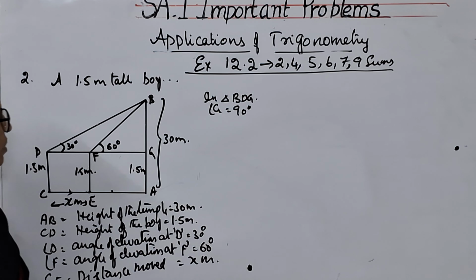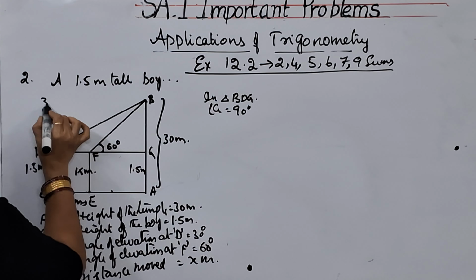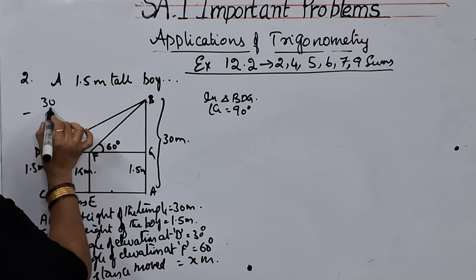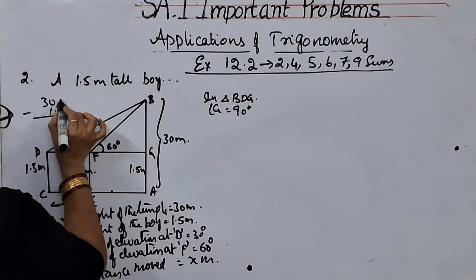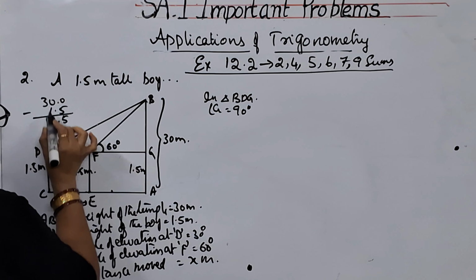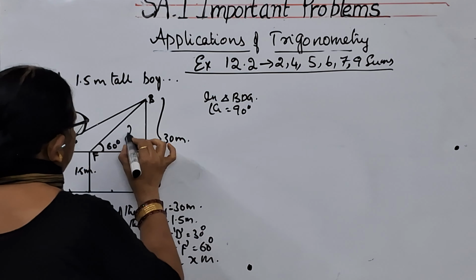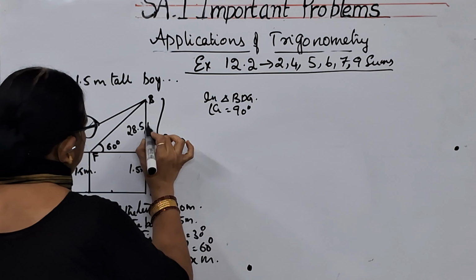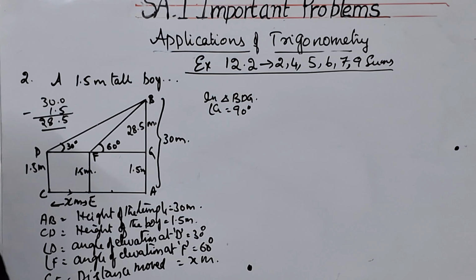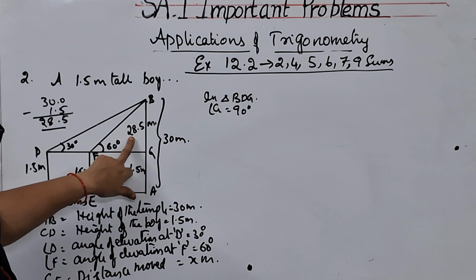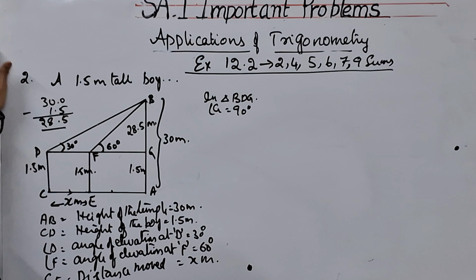From 30 you subtract 1.5, and you get 28.5 meters. This is 1.5, this is 28.5, totally it is 30 meters.